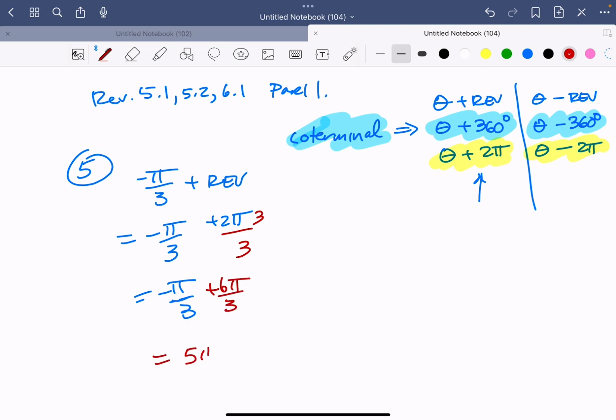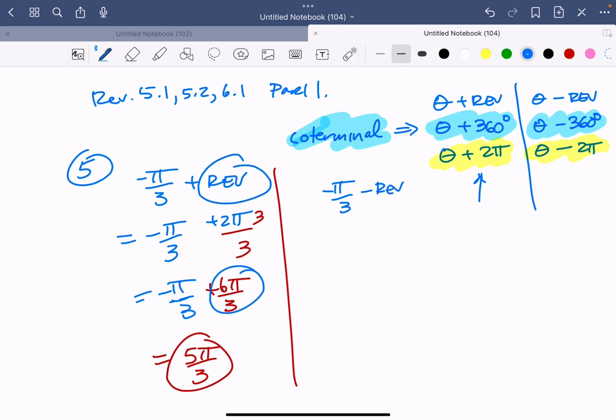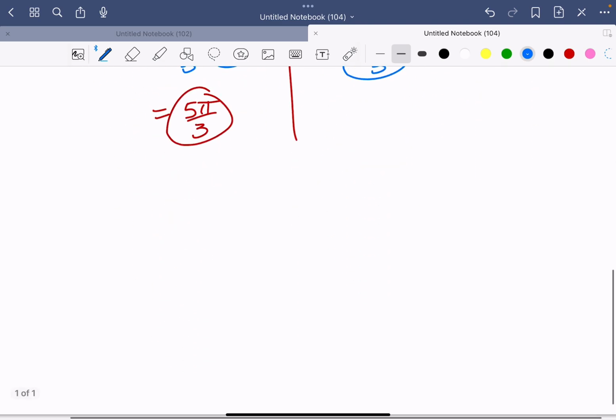So it's going to be 5 pi over 3 is 1 coterminal angle. Or I'm going to take negative pi over 3 and subtract a revolution. And we already said that in this case, 6 pi over 3 is a revolution. So if I subtract 6 pi over 3, I think you'll see quickly that we get negative 7 pi over 3. All right, so that's 5.